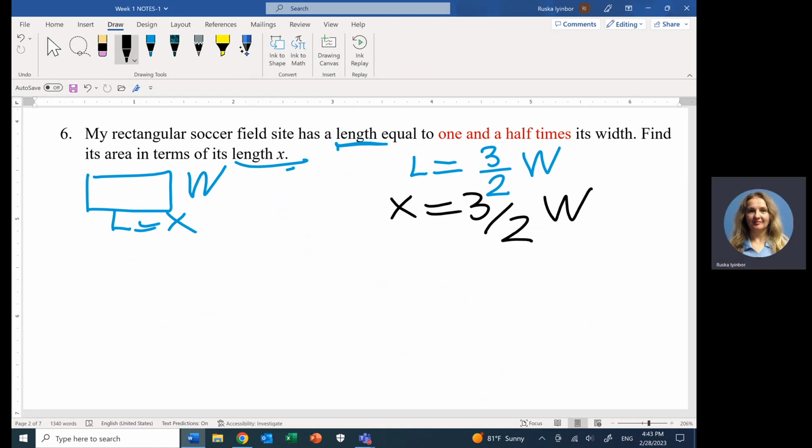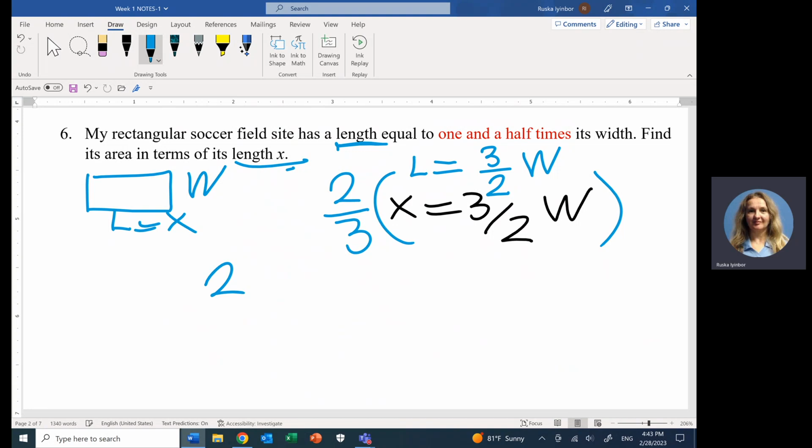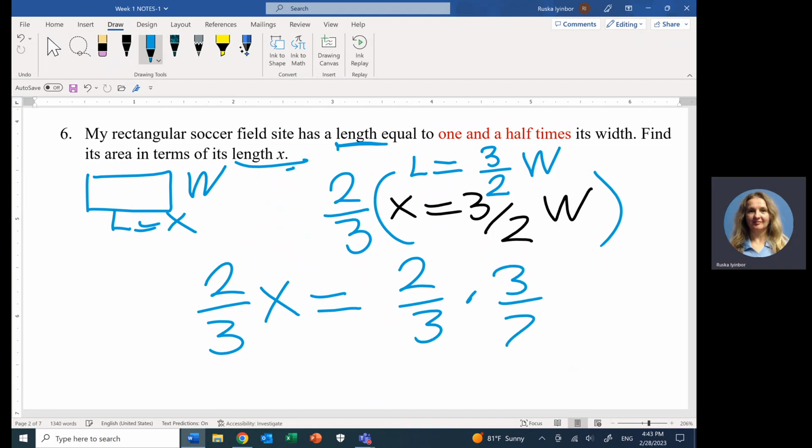And if I want to get the width, because I don't know what the width is, I can multiply both sides of this equation by the reciprocal of 3/2, which means I'm multiplying both sides by 2/3. So that will give me 2/3 x equals 2/3 times 3/2 times the width. This cancels, so I get the width equals 2/3 of x. I'm going to write it here.